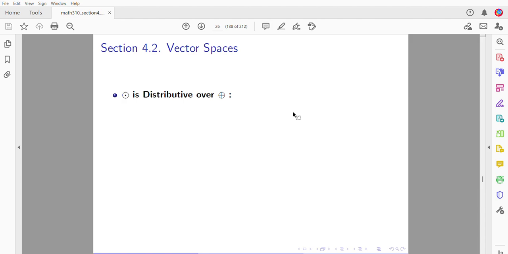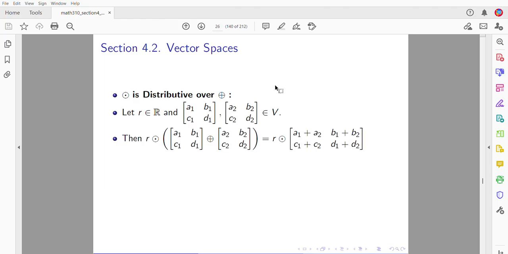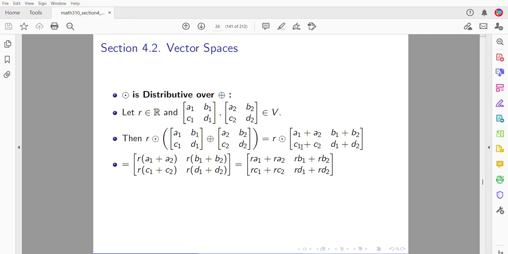Now we need to establish the four scalar multiplication properties. First one is scalar multiplication is distributive over O plus. One scalar and two vectors because this is O plus. That tells me R O dot, these two vectors get me here, which gets me, you see, R times this, R times this, R times this, and so on.